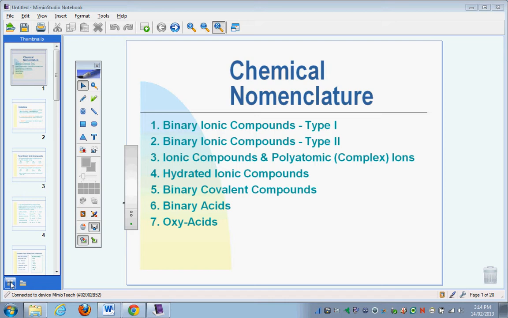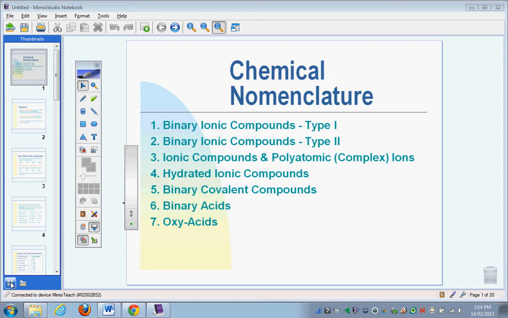There are 7 subcategories here of nomenclature, but if you look at them with a discerning eye, you could probably break them into 3 broad subcategories. The first would be ionic compounds, and you'll notice there's several types. There's binary ionic compounds type 1. We'll see what that means in just a moment. Binary ionic compounds type 2.